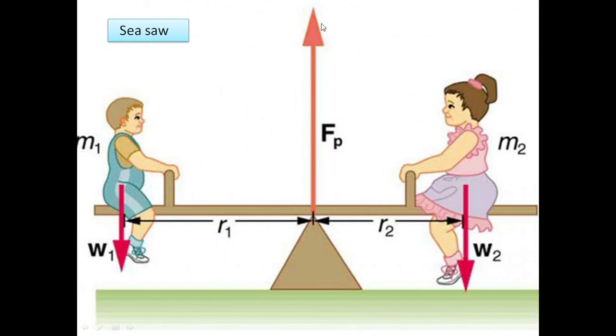So how many forces are shown here? 1, 2, 3. Again you can see three parallel forces in equilibrium. But if these two children are playing, if they are moving the seesaw, you cannot apply this. It is not in equilibrium.